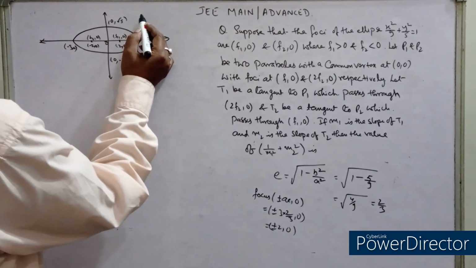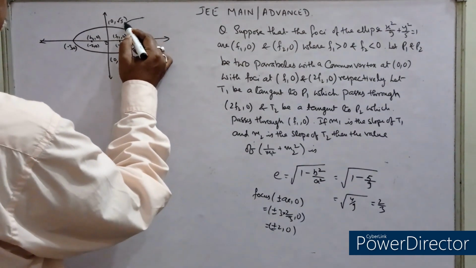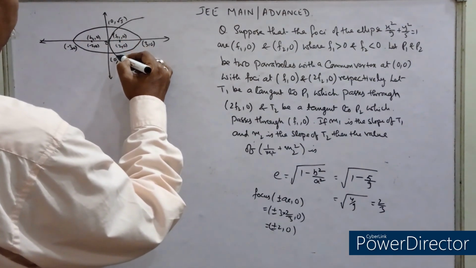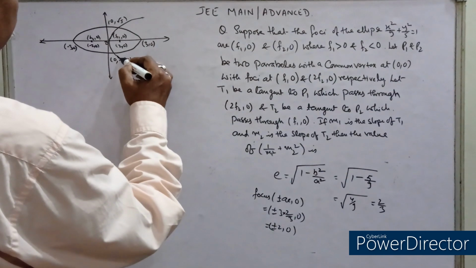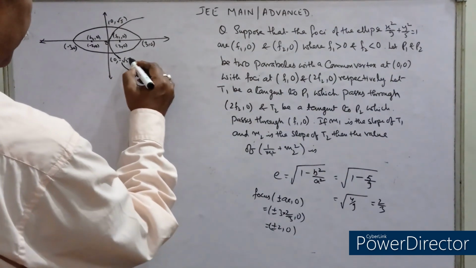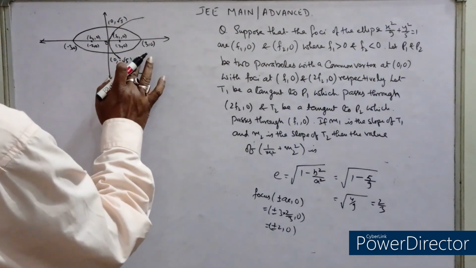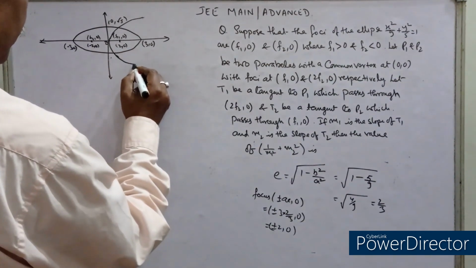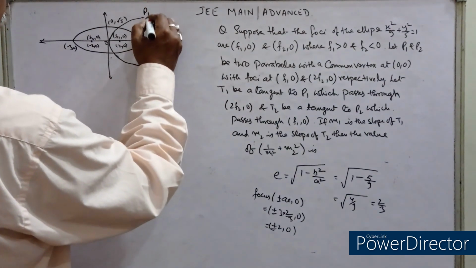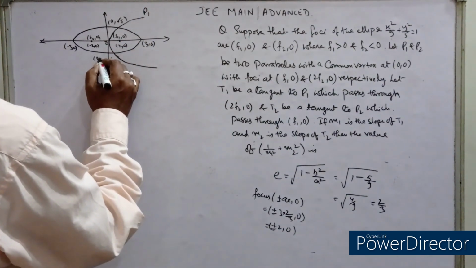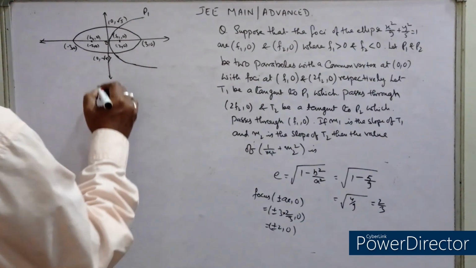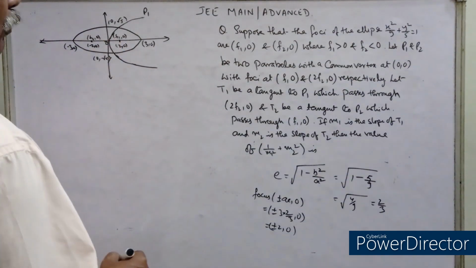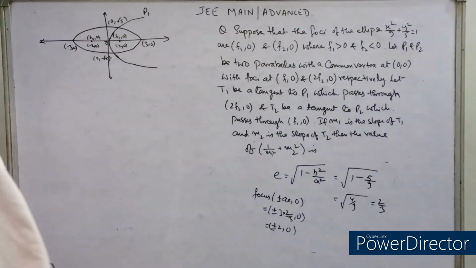So for this P1 parabola, root 5, this is your P1 parabola, and this point is 0 comma minus root 5. This is your P1 parabola, and its focus is f1 comma 0, so it's okay.